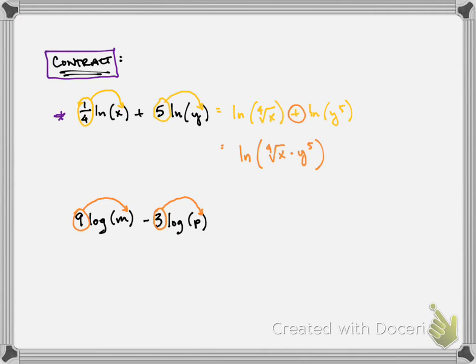P is being raised to the 3rd. And so I can rewrite this initially as the log of m to the 9th minus the log of p to the third. Now I've got a difference, so in this case if I contract I should have a single logarithm of a quotient. So I've got the log of m to the 9th over p to the third. And I've fully contracted.